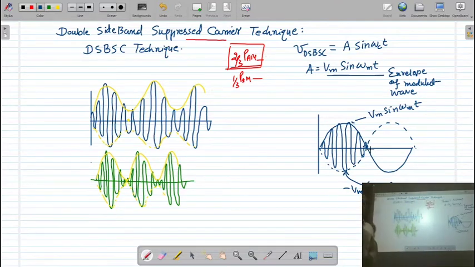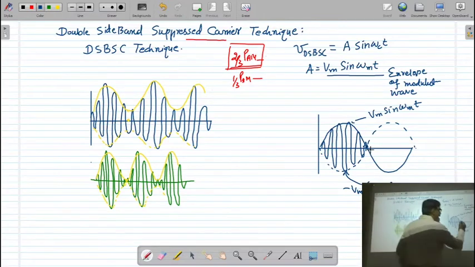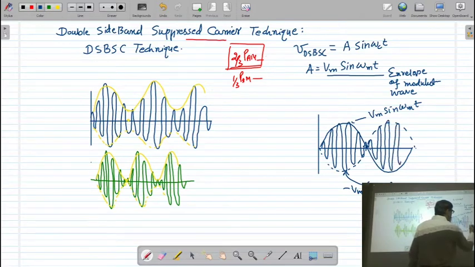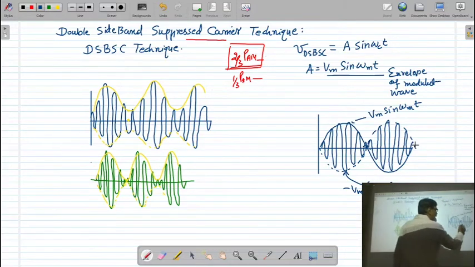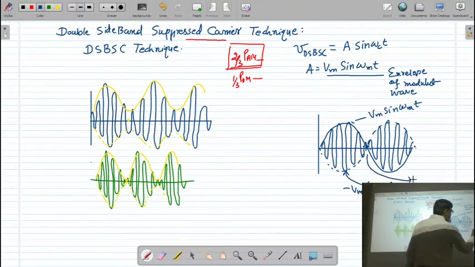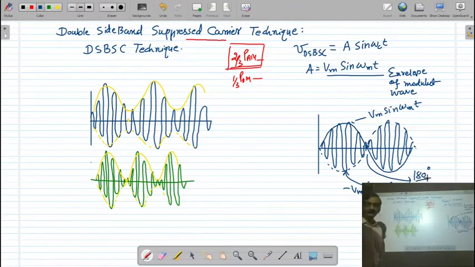It should be a negative cycle. Correct? But instead of a negative cycle, here you will again have a positive cycle and the waveform will be like this. So whenever the envelope is going to cross the zero, at that time you have a phase shift of 180 degree.